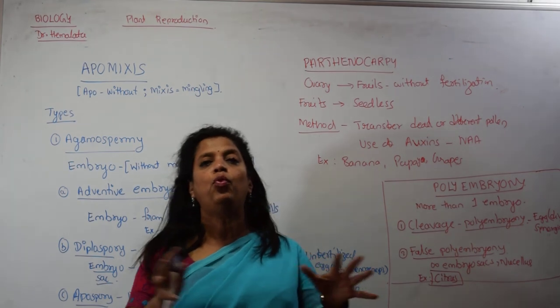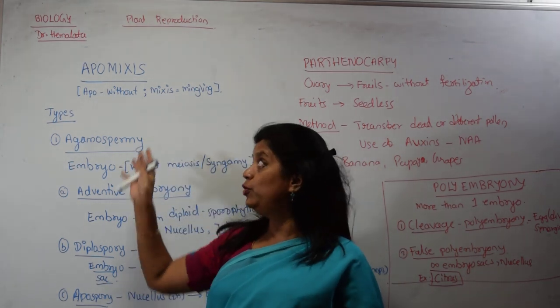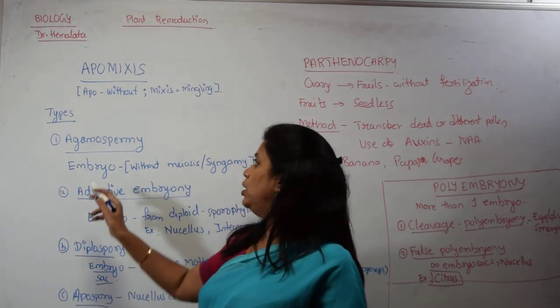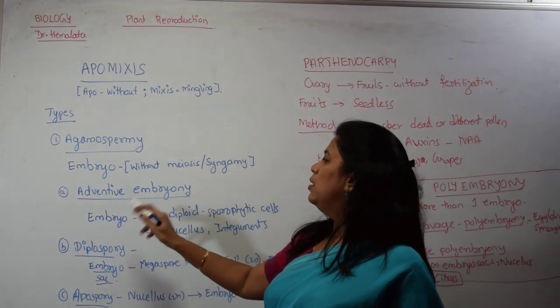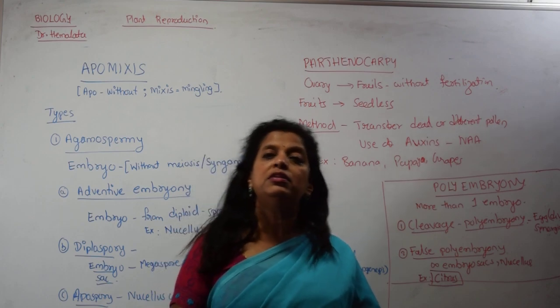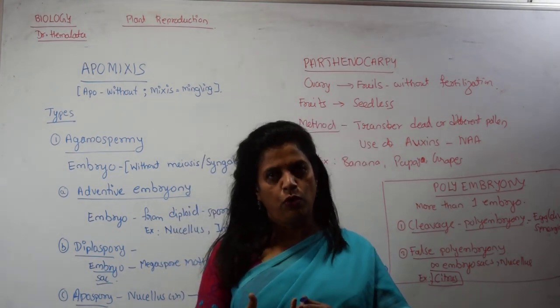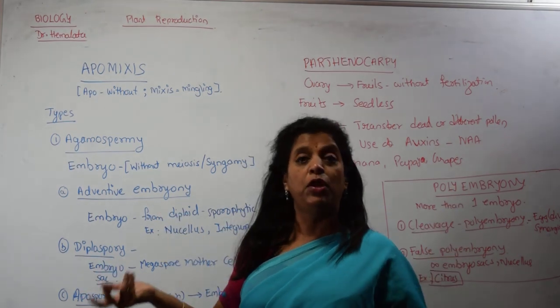Polyembryony is the development of more than one embryo within the embryo sac. Already I told you, due to apomixis also it may form. I told you, agamospory, the embryo forms without meiosis and syngamy, and the nucellus and integuments are all developing. Then inside, suppose the real embryo is formed also, it will be fighting with these to grow. So many times it may not grow, it may grow.